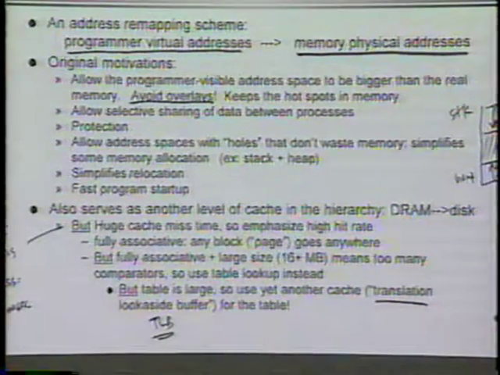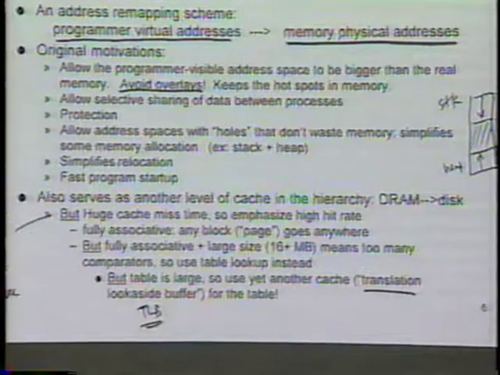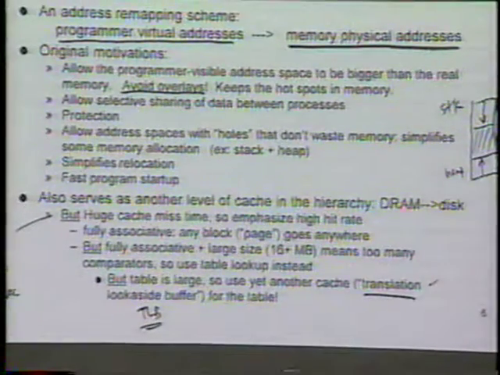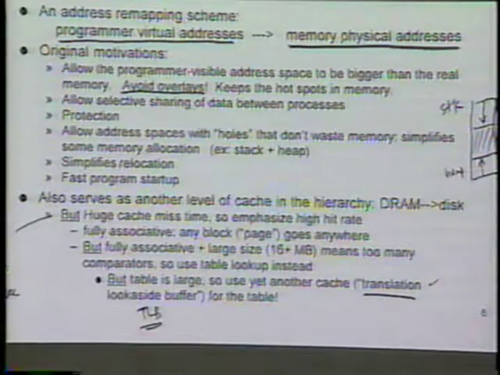IBM likes to use their own terminology for lots of things, and most of the time, thankfully, they don't win, and the industry tends to pick other names. This is one case where they did win. They, for example, in years past, refused to have the word random associated with anything to do with their computers. Their marketing people decided that their computers were not random. They were deterministic machines, and they didn't want their customers thinking that they would do anything random.